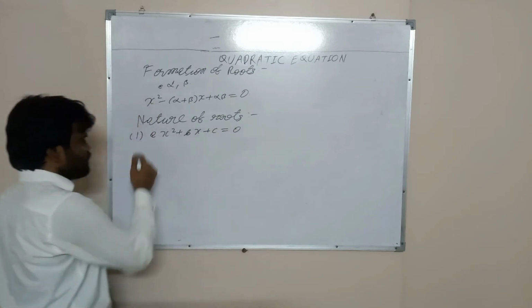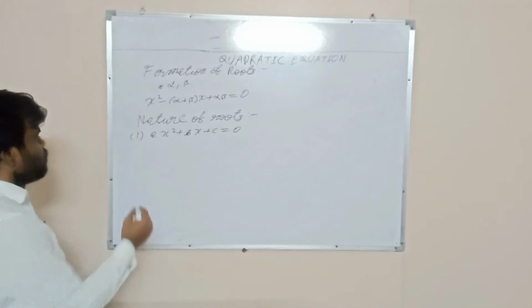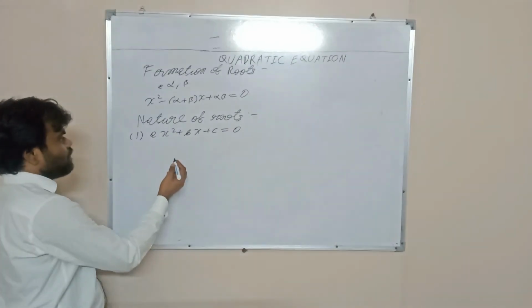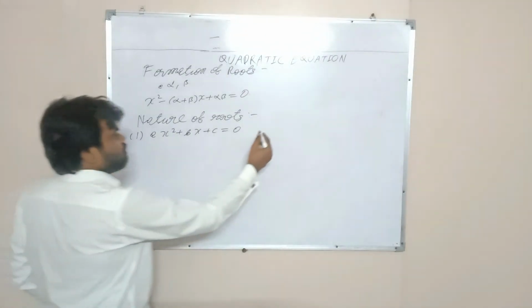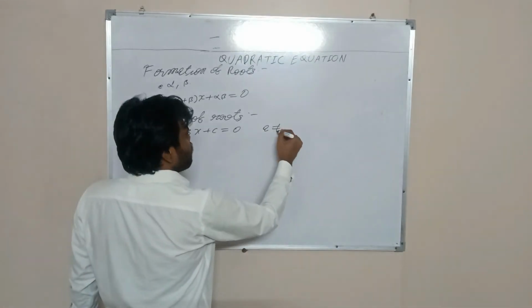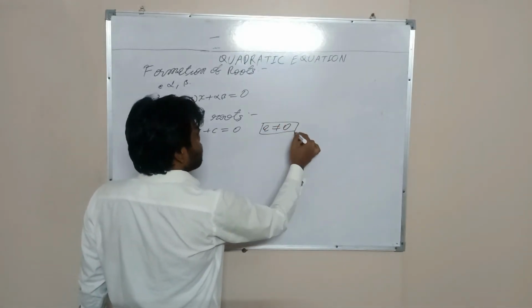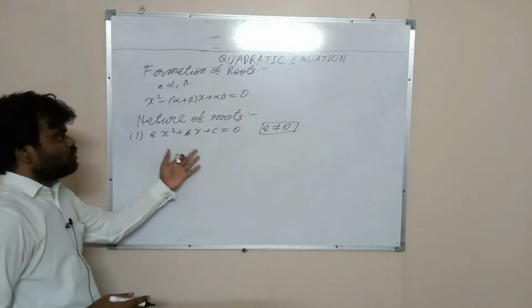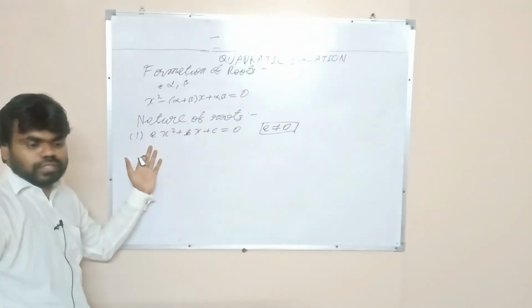If this is the equation, now there are several conditions. First of all, a should not be equal to 0, as we have already mentioned. If a is equal to 0, this will be a linear equation, not a quadratic equation.